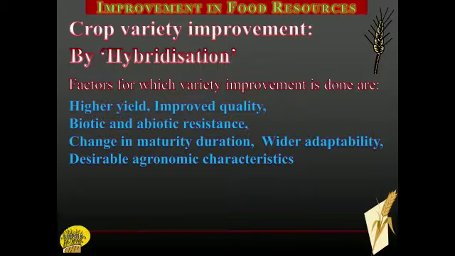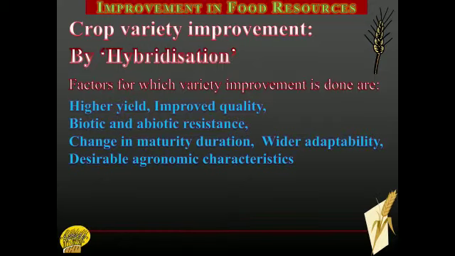Whereas the case is just opposite for pulses. For pulses, generally a farmer desires short plants so that they will have better quality of seeds and nutrient content also. We have studied why we should do variety improvement and how it can be improved. The term is hybridization. But what is hybridization?